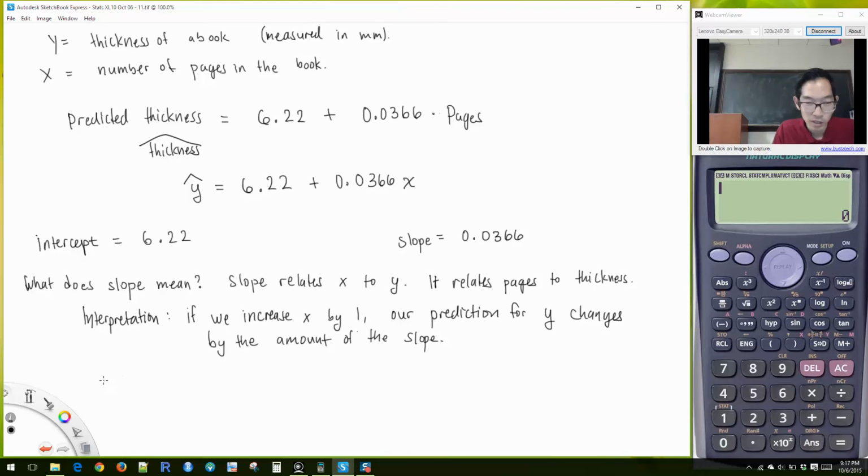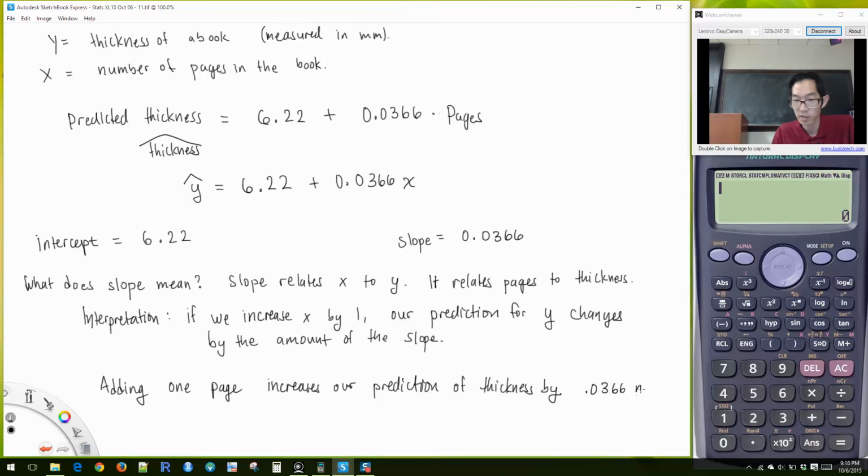Okay, so adding 1 page, so that's adding 1 to x, increases our prediction of thickness by 0.0366 millimeters.